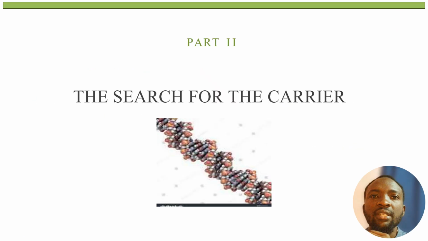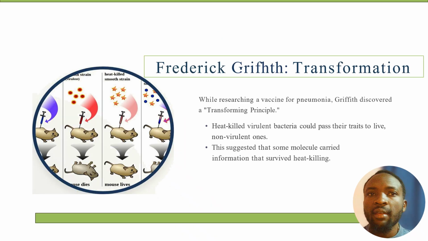So the second part is the search for the carrier. As I said earlier, DNA can be carried from one individual to another. So we have Griffith, who did research on the transformation of some molecules.